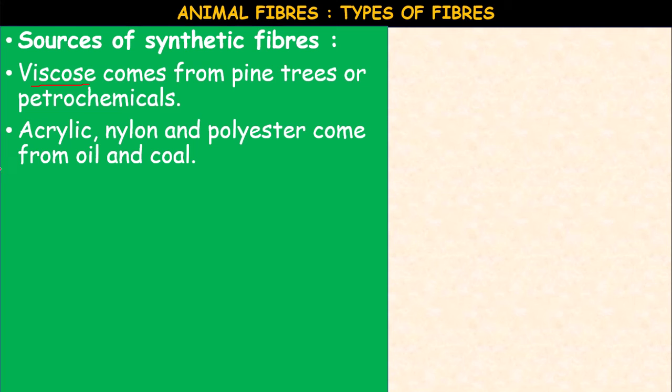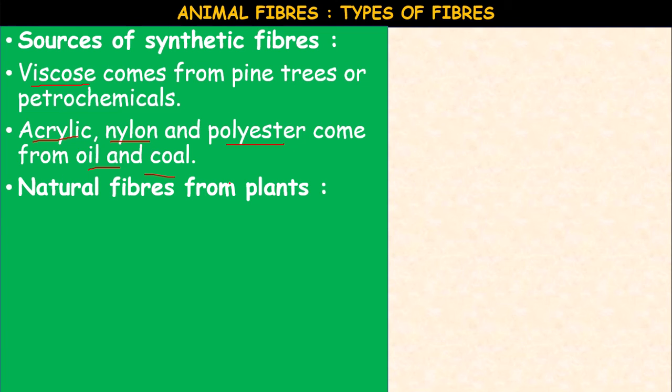Another one, acrylene, nylon, polyester. They come from oil and coal. So these are the sources of synthetic fibers. Viscose comes from pine trees, natural material, or from petrochemicals. Next, acrylene, nylon and polyester, they come from oil and coal.